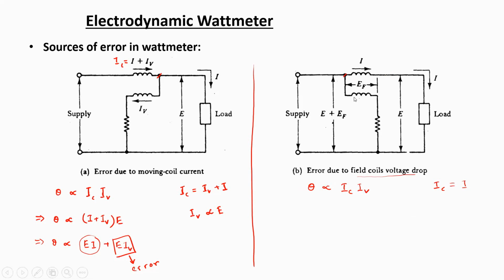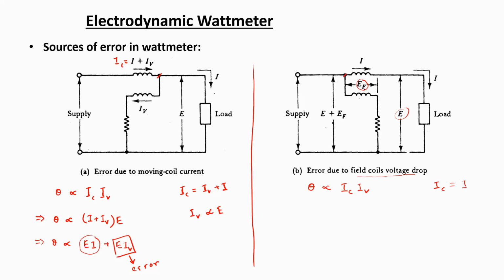However, the voltage across the moving coil will not be the same as before. It would not be equal to E anymore because it is not directly connected across the load. Some voltage drop will take place in the fixed coil, and we can denote it as E F, and the total voltage across the moving coil would be the summation of E and E F.